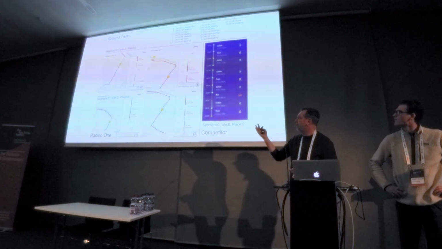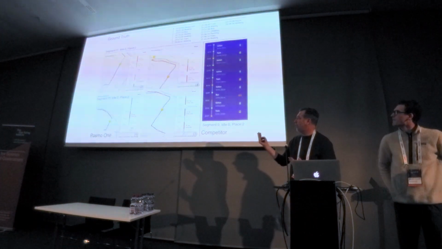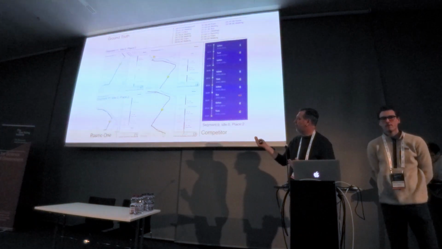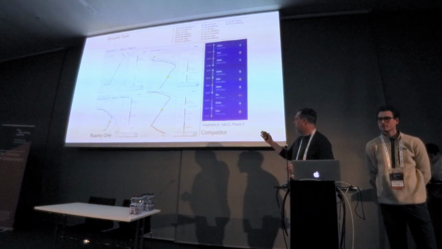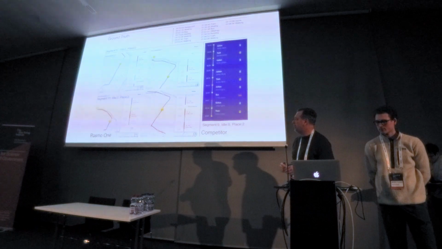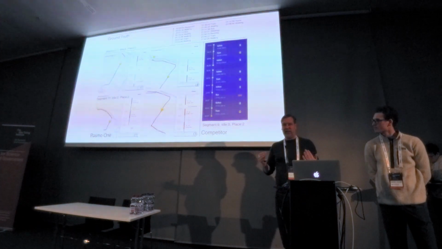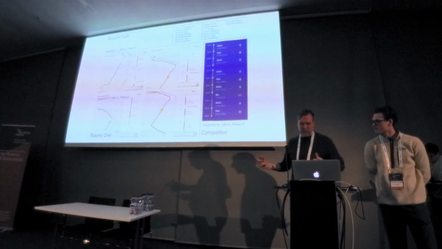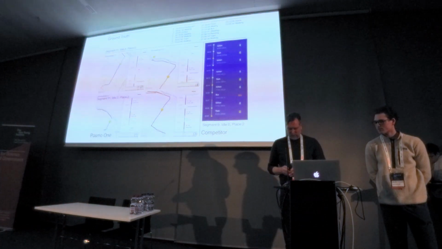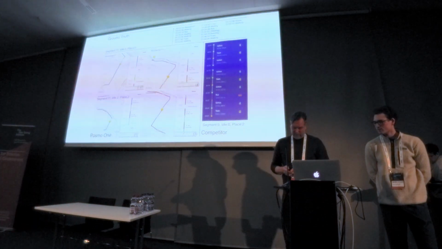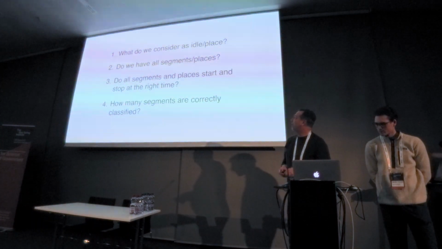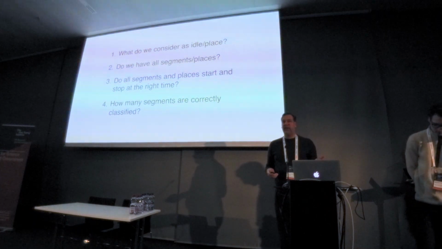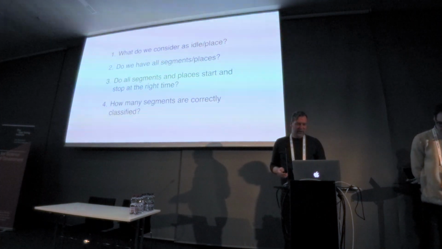And idle is for us, for example, important in the ground truth as well. And places, I mean, everybody is pretty much the same. That's the big parts, but idle is something that can be small or big. So basically, the question I will leave you with is, what do we consider as idle or a place?